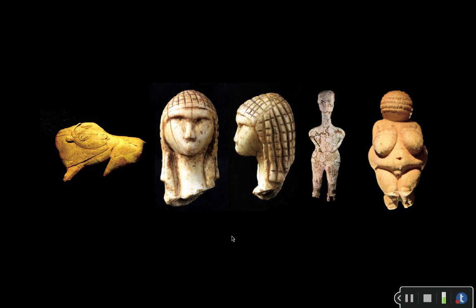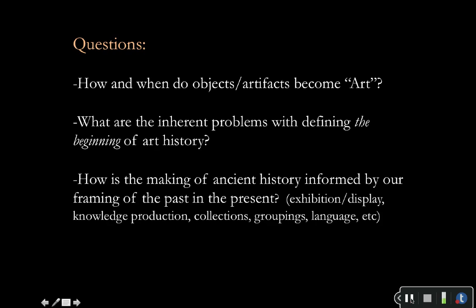And certain important theorists have become more viable. And so, for instance, the Venus over here, who we'll talk about in a second, her early theorists called her Venus, right? And they thought she was a goddess of fertility. When actually there's really no proof of that, okay? And so we'll talk about her in just a second. But this is kind of how I like to start the lecture, thinking about how that happens.